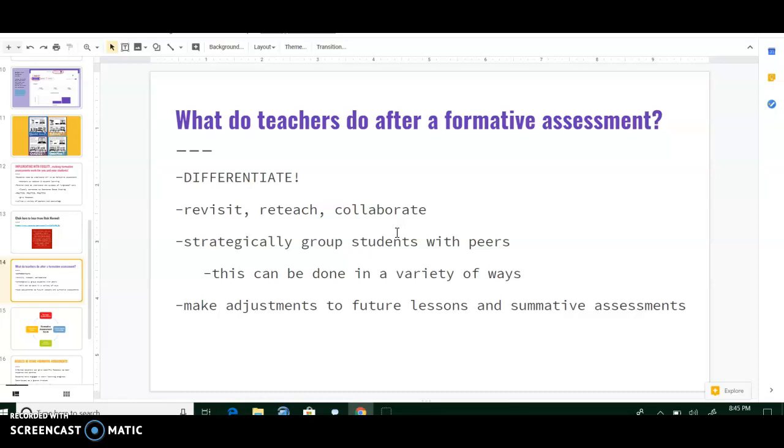You can group them high, medium, and low to have peer instructors. So it doesn't always have to be the same every time. And most importantly, it allows you to make adjustments to future lessons, both near future and far in the future. It also helps you adjust your summative assessments.